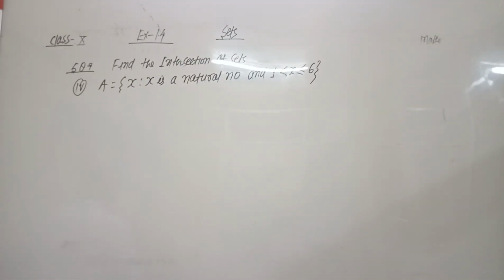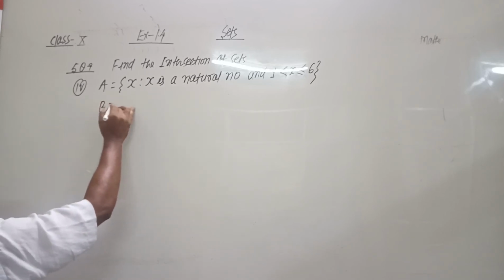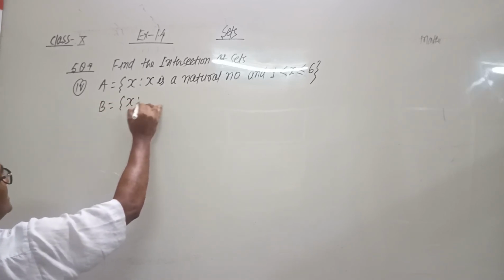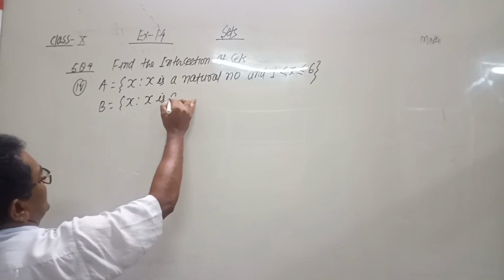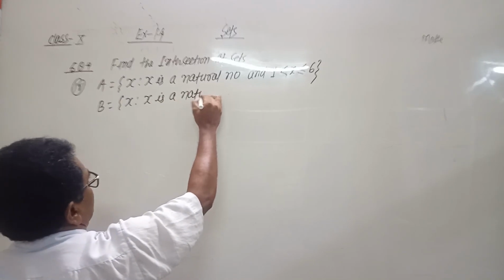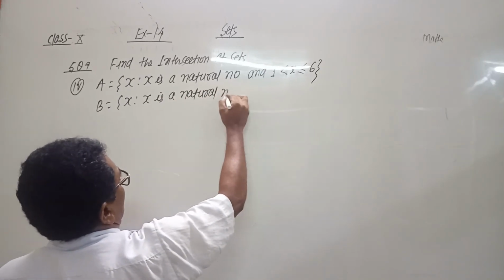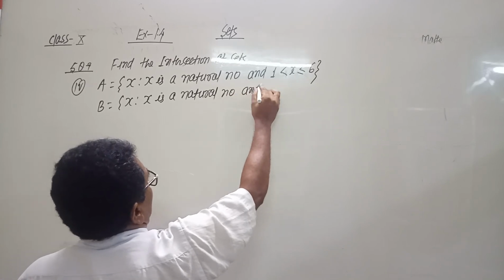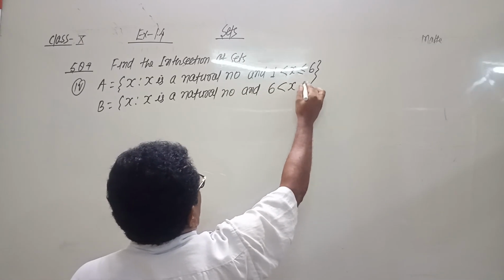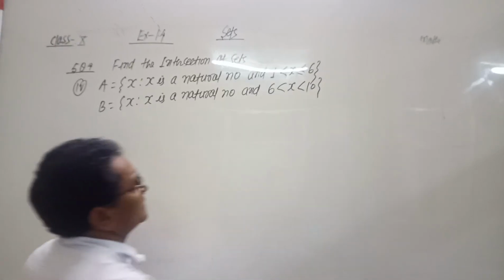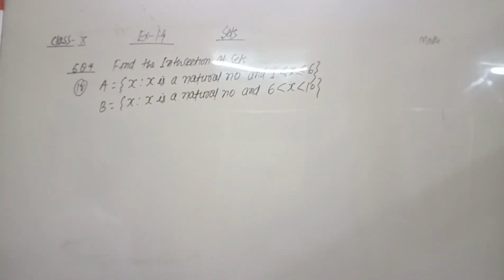Another set B equals to x such that x is a natural number and 6 is less than x is less than 10.